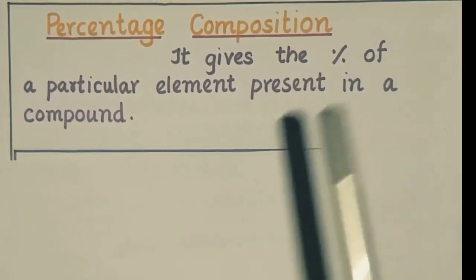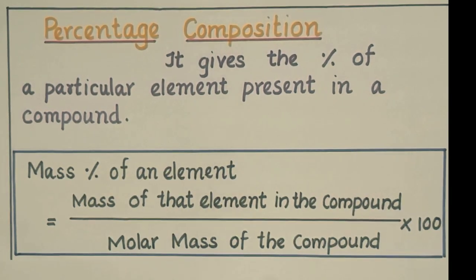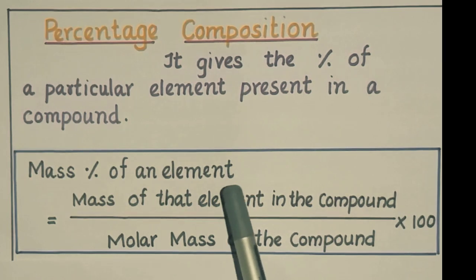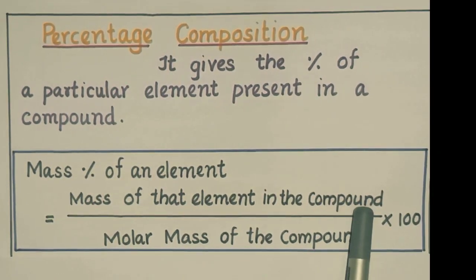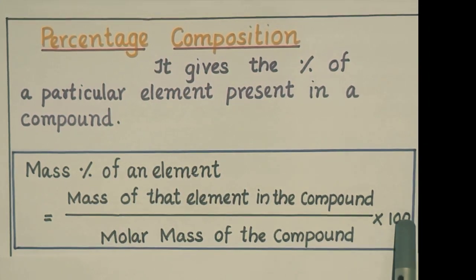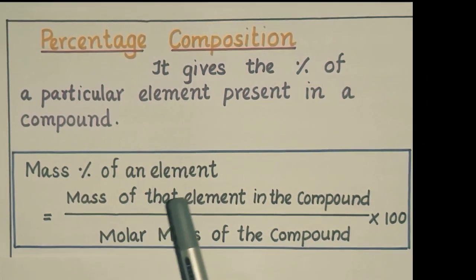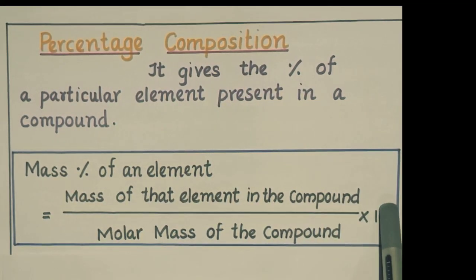So, the percentage composition can be calculated by using the equation: mass percentage of an element is equal to the mass of that element in the compound divided by the molar mass of the compound, into 100. So, simply, mass of the element divided by molar mass into 100.